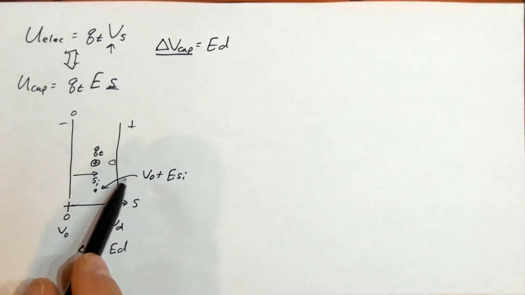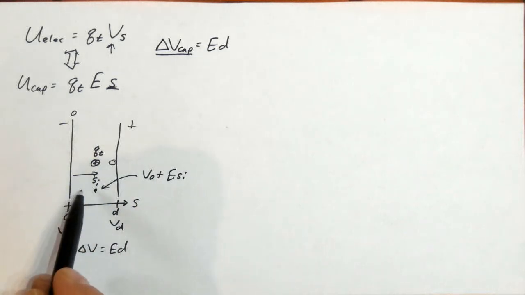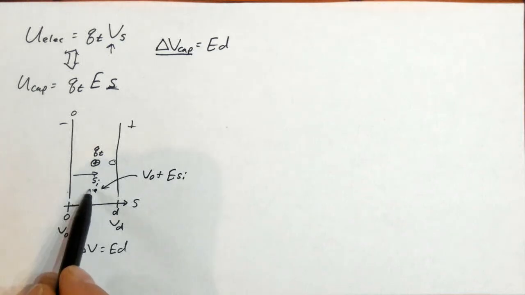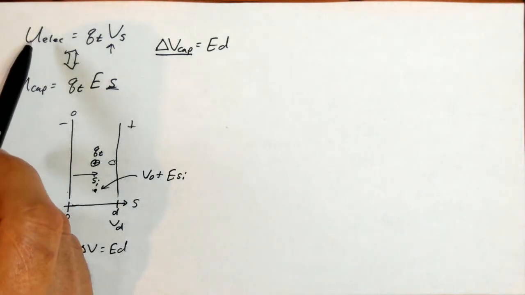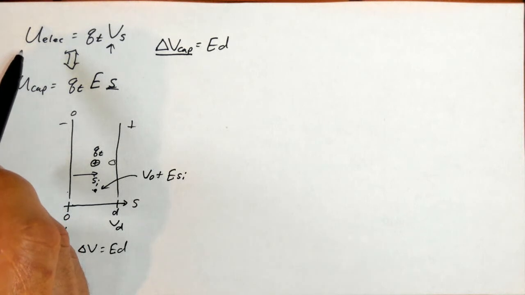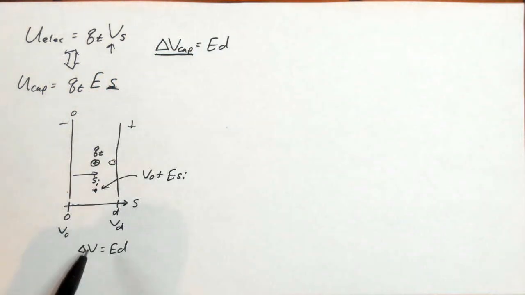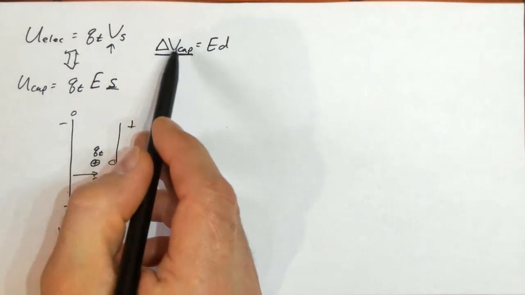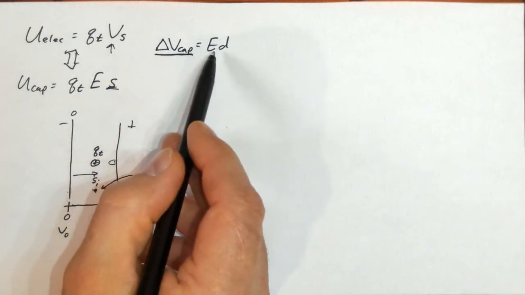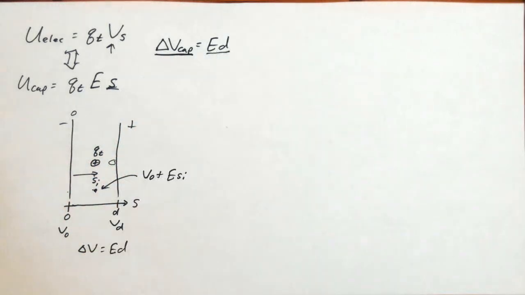But again, what really matters is a potential difference between here and here, because that will affect a potential energy difference from which we can determine a work done or a speed or kinetic energy. So potential difference is what's important. And we can see that for a capacitor, when you go all the way across, the potential difference across the capacitor is the electric field inside the capacitor times the gap.